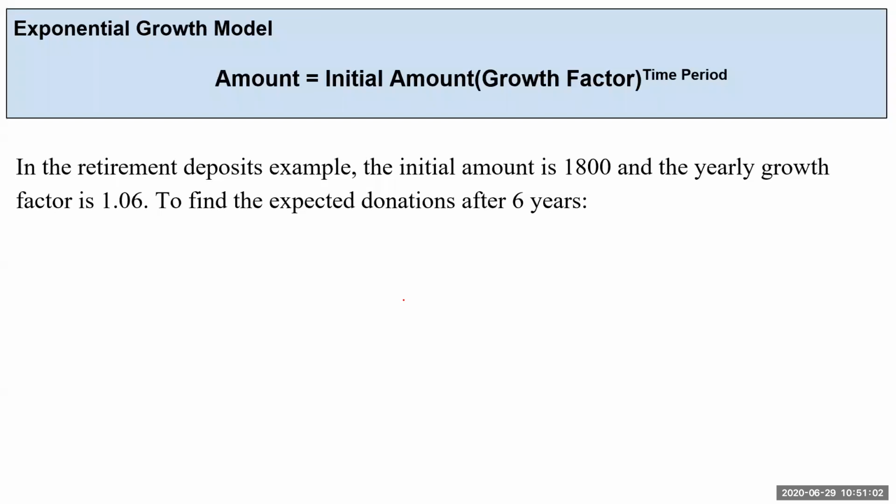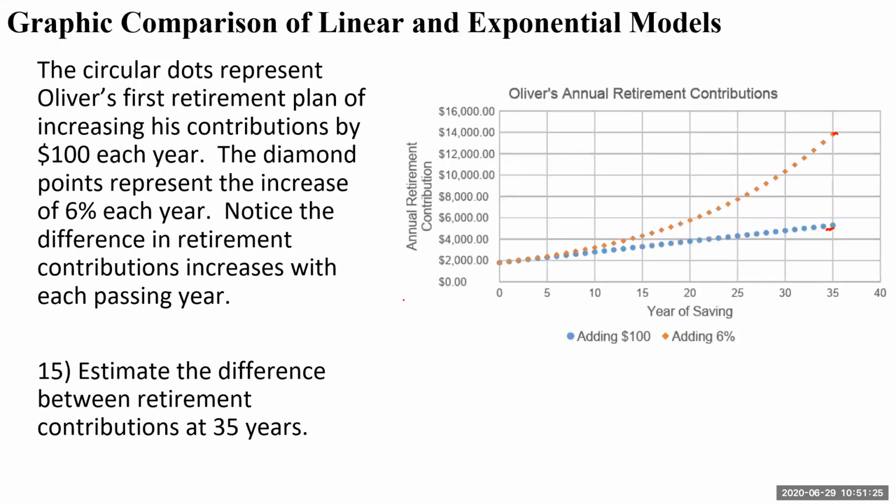Now, in the retirement deposit example, the initial amount is 1,800 and the yearly growth factor is what, 1.06. Now, to find the expected donations after 6 years, you have to do 1,800 times the growth factor to the power of t, and the time is what, 6 years, and that gave us that outcome.